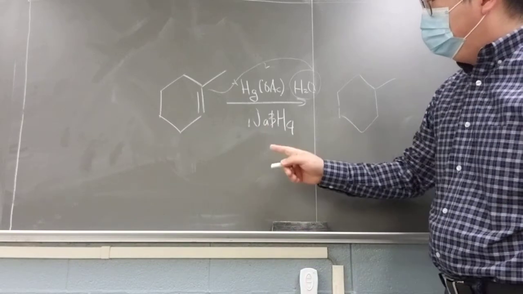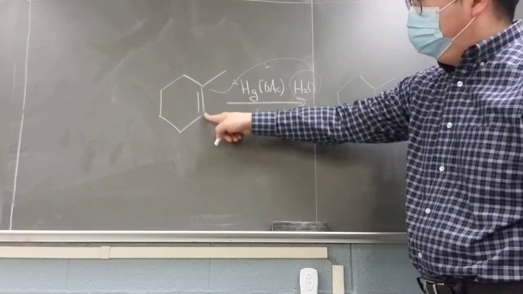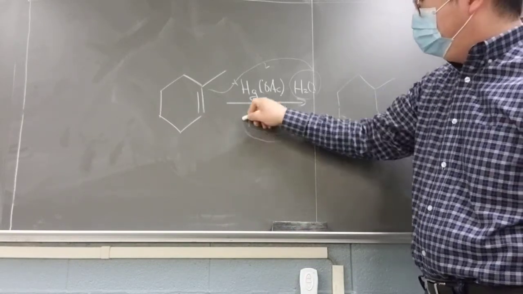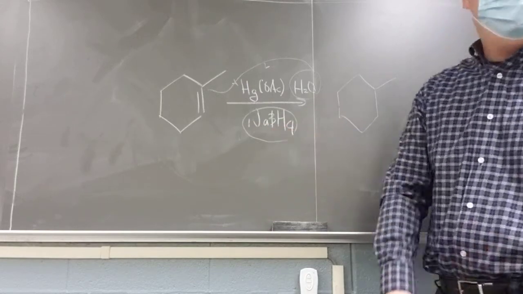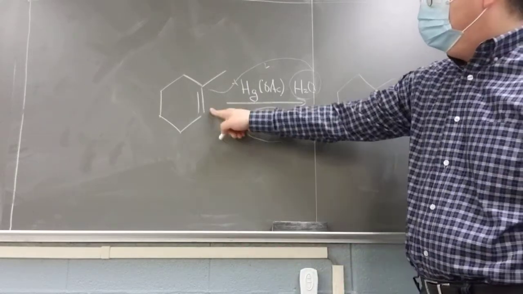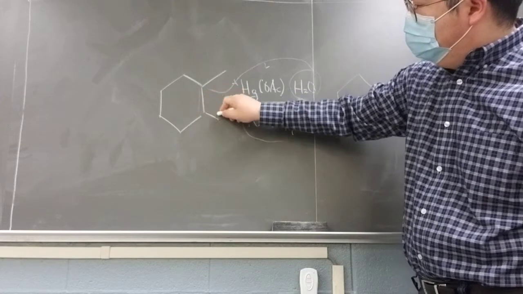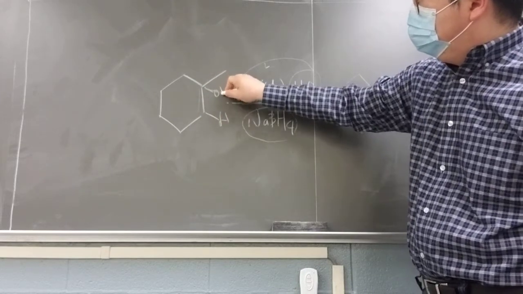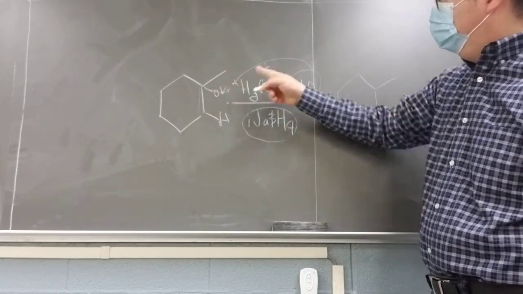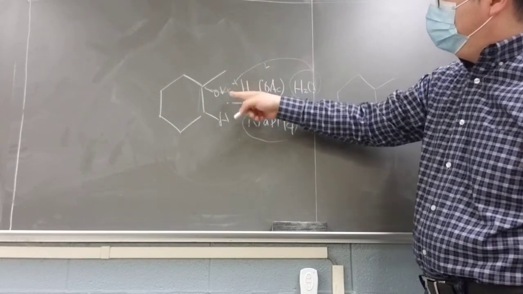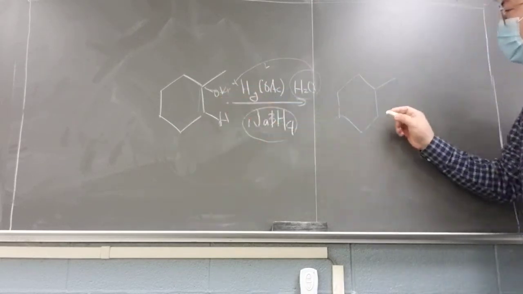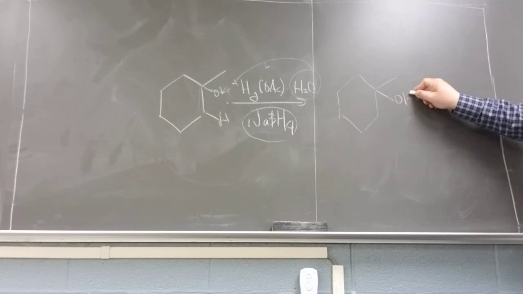Then this mercury group will be replaced by hydride from the sodium borohydride. So this will be gone, replaced by hydrogen, and this is water. But another hydrogen proton will be picked up by another water, so it'll be a hydroxy group here.